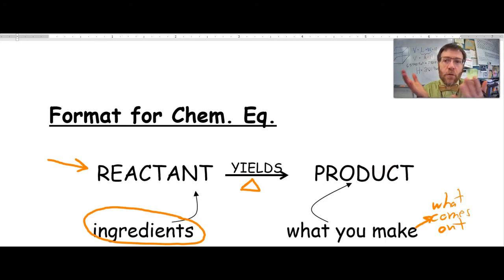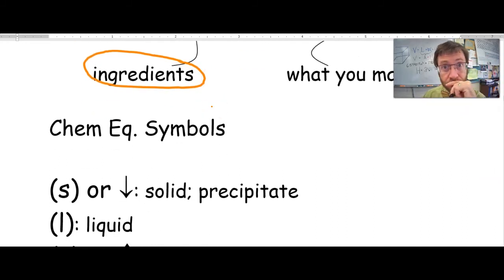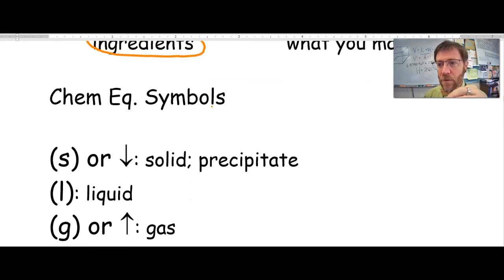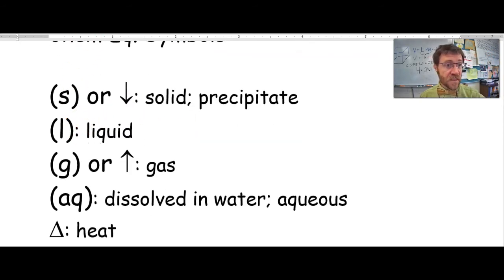The big difference between a recipe and a chemical reaction is that in a chemical reaction, we use chemical formulas because they're chemicals. They're not eggs. And that would be silly to do. Also, in a chemical reaction, the chemicals can often show up in different forms, right? We can have something that shows up as a solid. So this S is a solid, L is for liquid, G is for gas, but AQ, this is a new one for you guys.